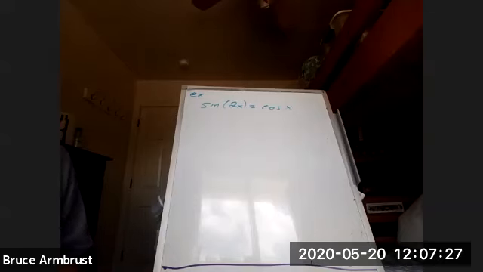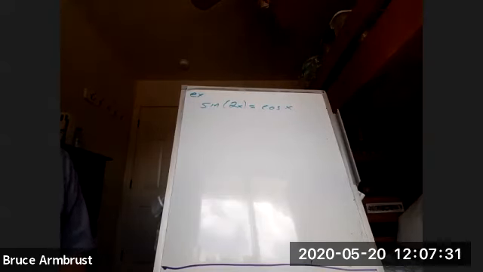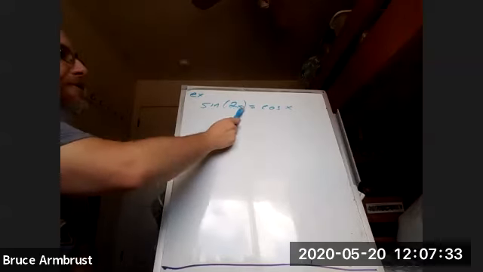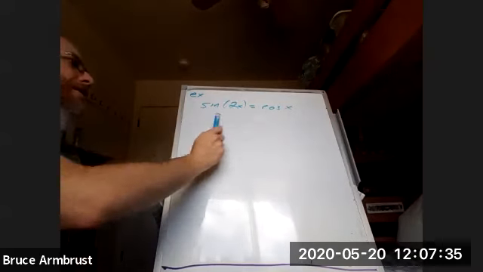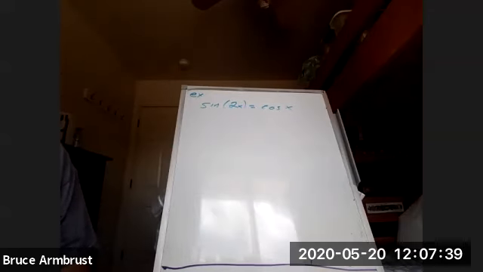Again, notice we've got two different trig functions. And even worse, we have two different things on the inside. One of them is just x, the other is 2x. Either way, that's a problem.